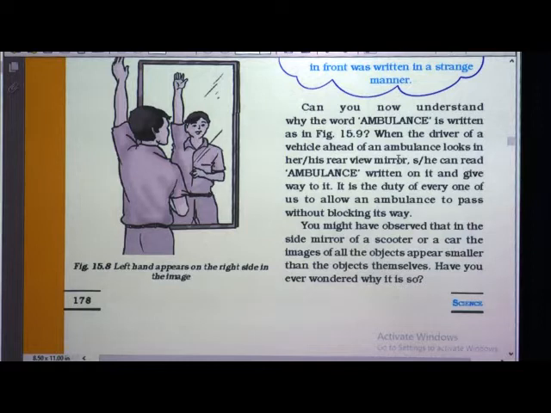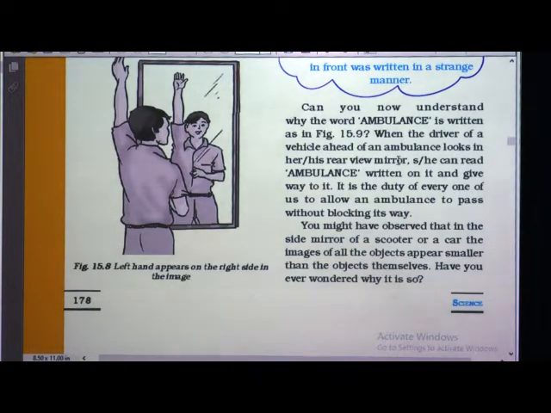By it we can see the vehicles coming at the left side or right side, or the vehicles behind.